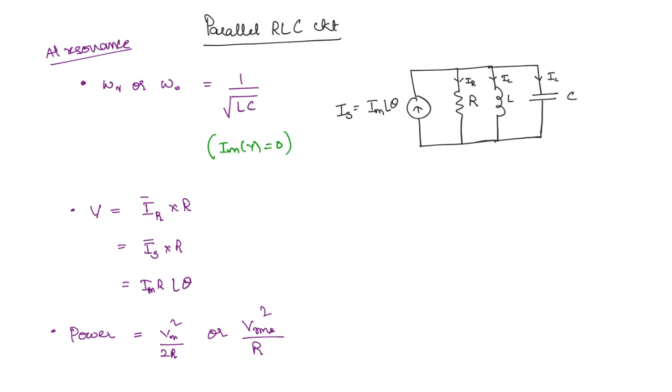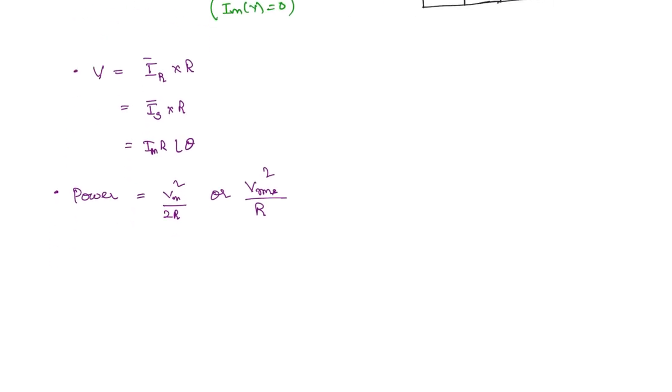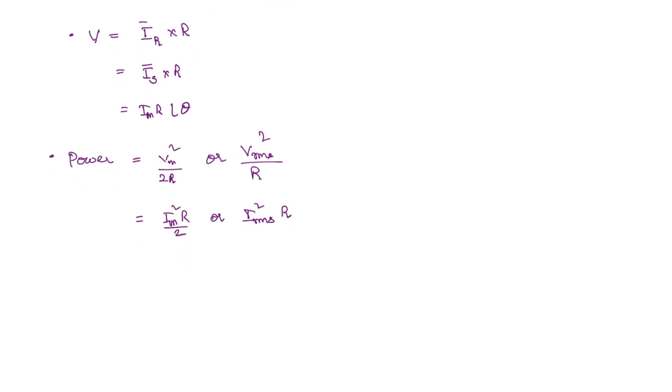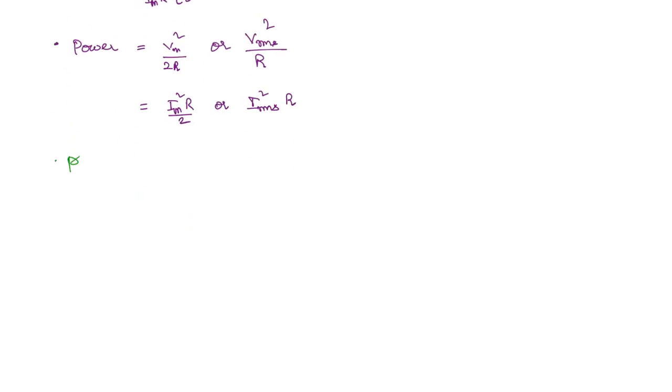So now if you express it in terms of the current, then what will you get? This is equal to Im square R by 2 or I RMS square into R. Now what about the phasor diagram? In the series RLC circuit, we have written the equation using KVL. Here using KCL, we are going to get Is is equal to IR plus IL plus IC.